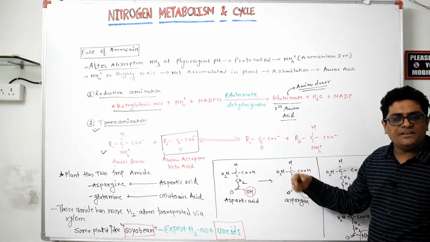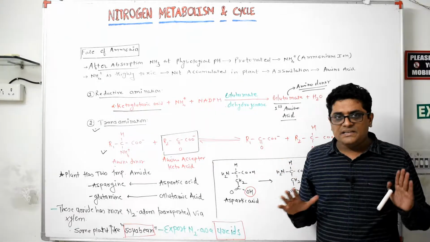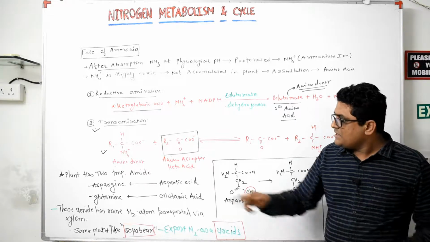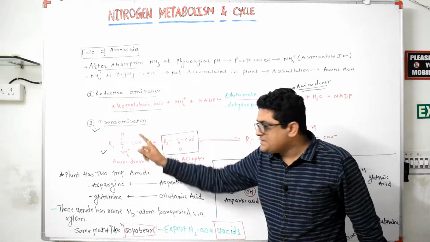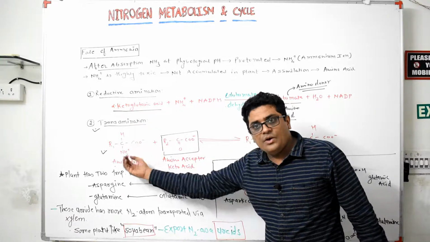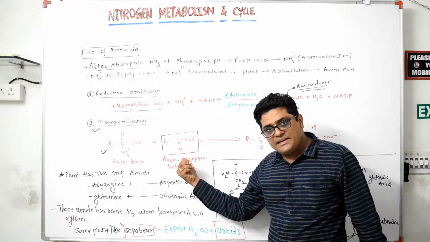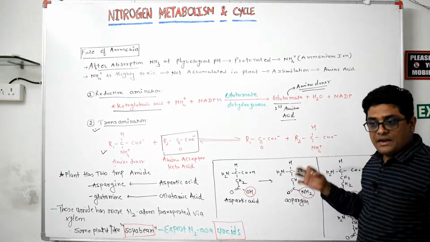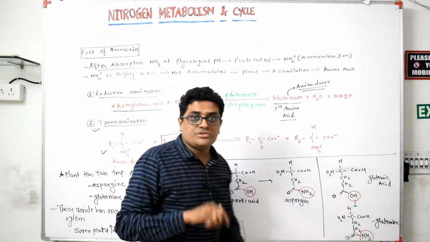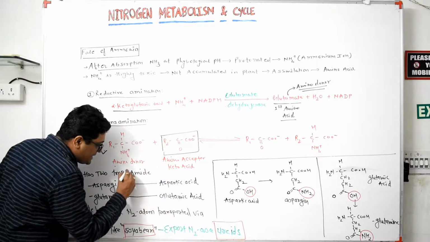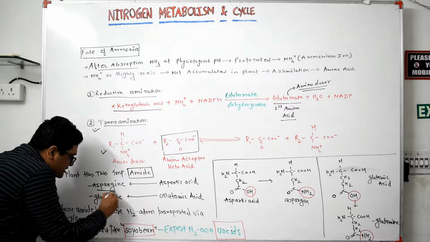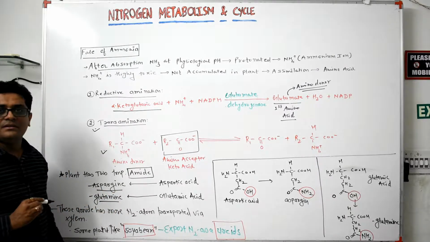This process is continuous and it synthesizes the different 17 amino acids. Clear? So transamination means the amino donor donates the amino group to the keto acid and this keto acid is converted into amino acid.